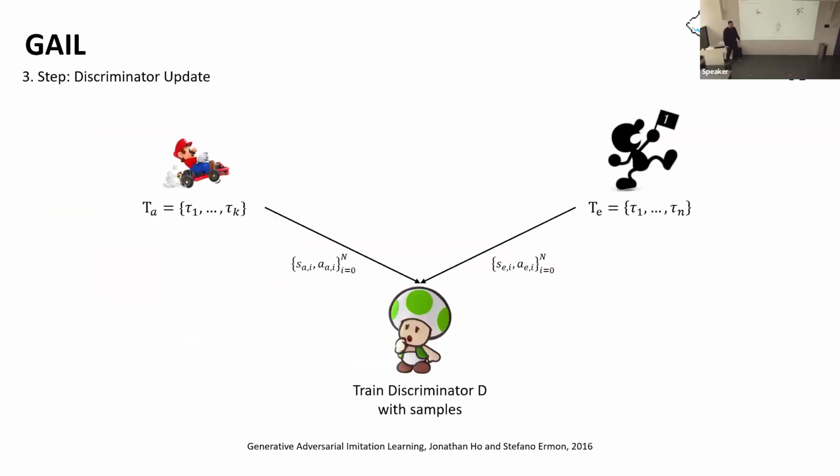Then we collect what we got from the agent and what we have from the expert. We sample both and train our discriminator in a simple supervised learning task to distinguish between the agent and the expert trajectories.